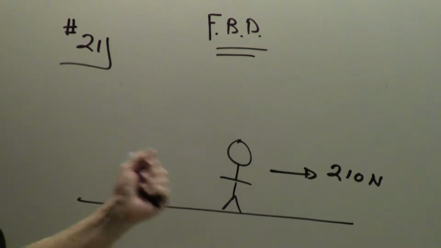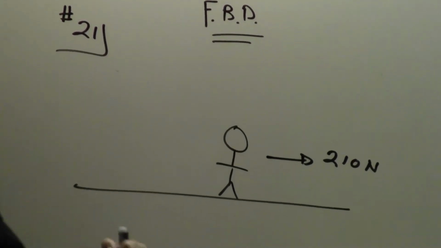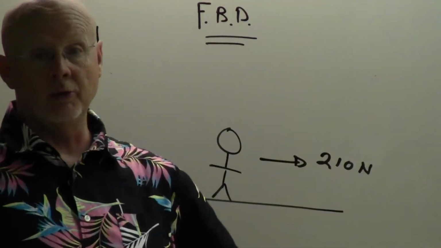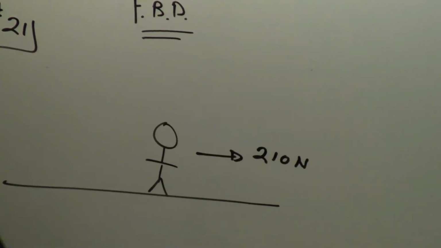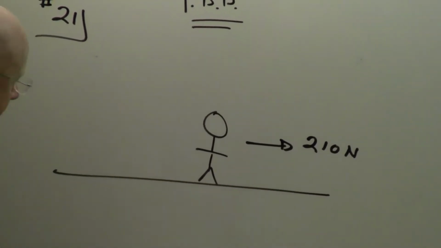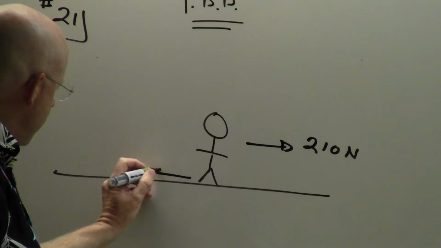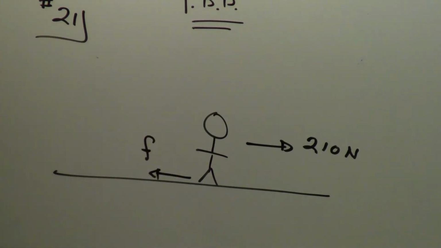Maybe there's a rope, and I'll be the dad, and that's the child, and I toss the rope and say, okay, grab that end of the rope, let's go, pull, and I pull the child. So I'm pulling the child with this force of 210, and then what they're saying here is that there is some friction, some rubbing between the skates and the ice.